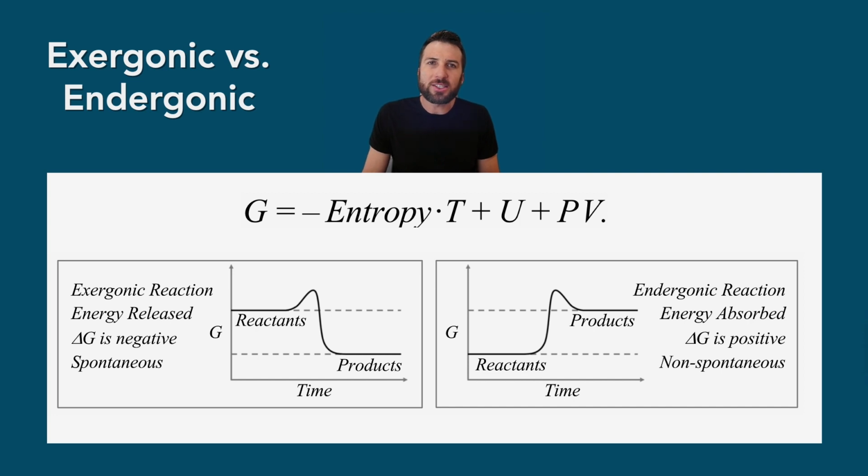Now, exergonic reactions are reactions where the change of free energy is negative. So we see here the reactants, it goes up, and then the Gibbs energy goes down. There's a little threshold, and then it goes down to the product. So this would spontaneously occur. It's lowering the Gibbs free energy.